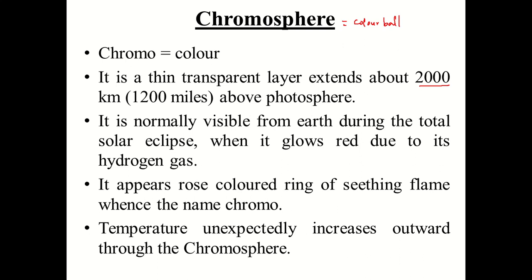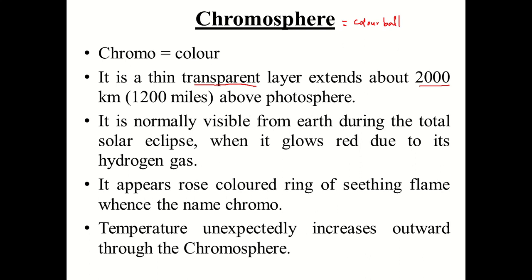Usually this chromosphere is not visible to us because it is a completely transparent layer. That means our view penetrates through it so that we cannot see the chromosphere, but it is normally visible from Earth during the total solar eclipse, when it glows red due to its hydrogen gas.